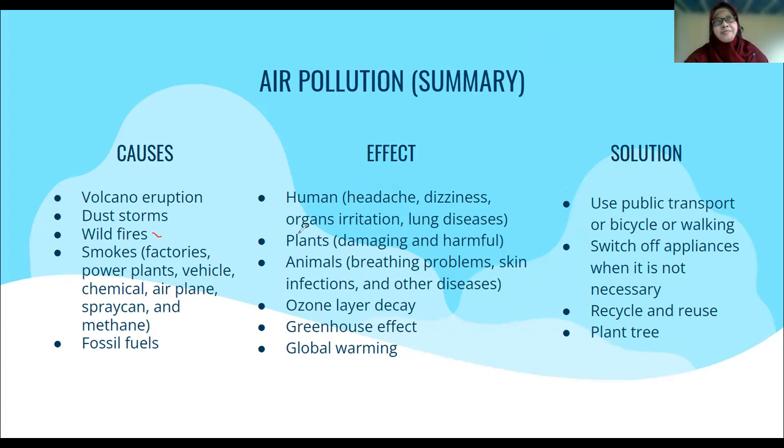It can cause health problems, such as headache, dizziness, organ irritation, lung disease, or respiratory disease. It can be damaging and harmful for the plants, and it also can cause breathing problems in animals, skin infections and other diseases, especially respiratory disease. It can also cause ozone layer decay, greenhouse effect, and global warming.